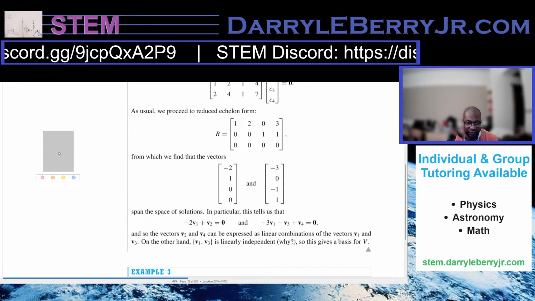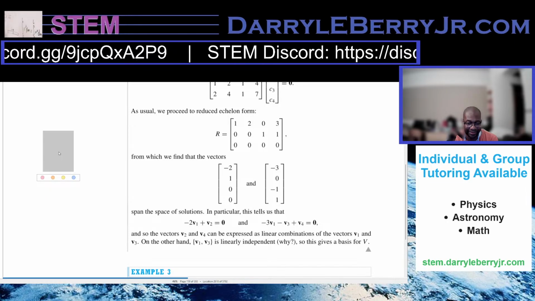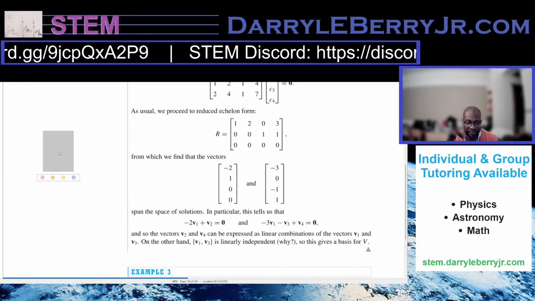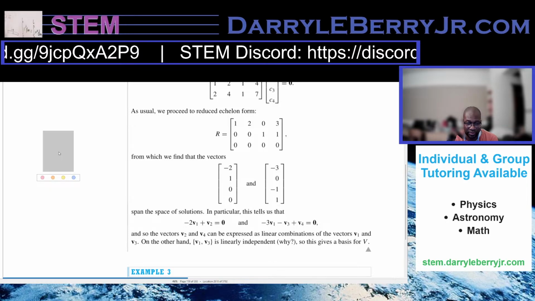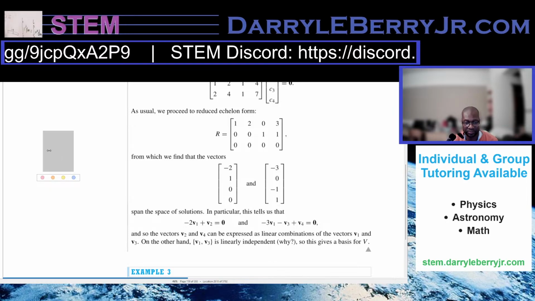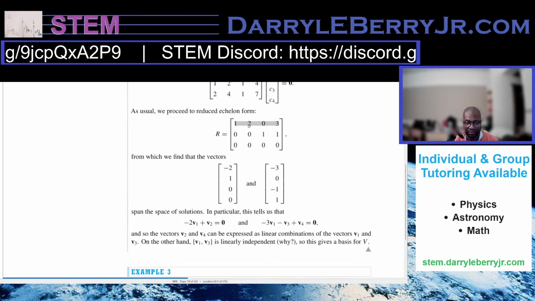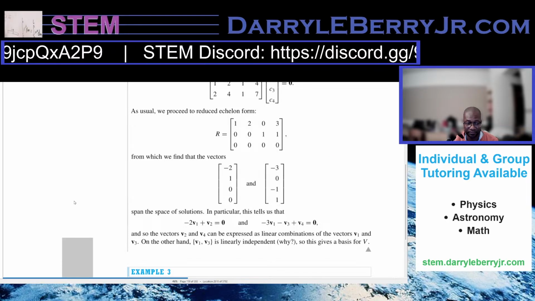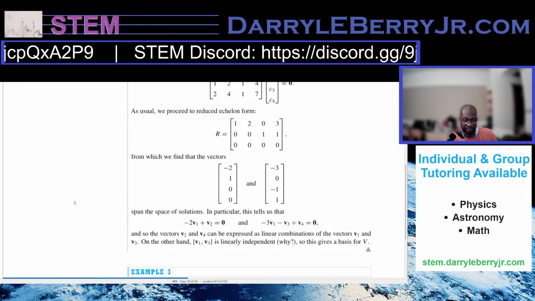But V1 and V3 are linearly independent because they have pivots. So as you can see, they have pivots, so they're independent, but the third column and the fourth column don't have pivots, so they're dependent.